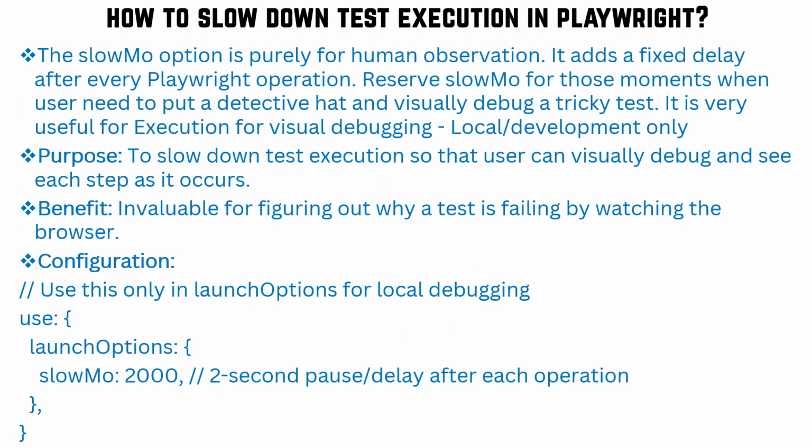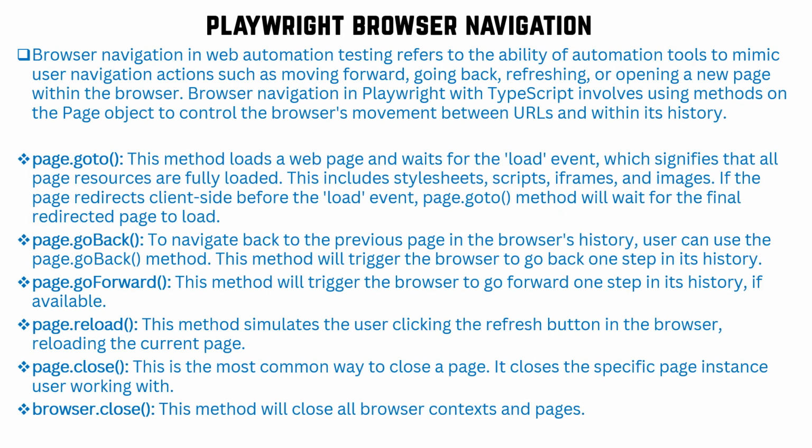You can use slowMo to give some pause or delay for every operation, so that you can visualize the execution, and it might help you with debugging. Then the different browser navigation: go back, go forward, reload, close, or close the page of the browser.